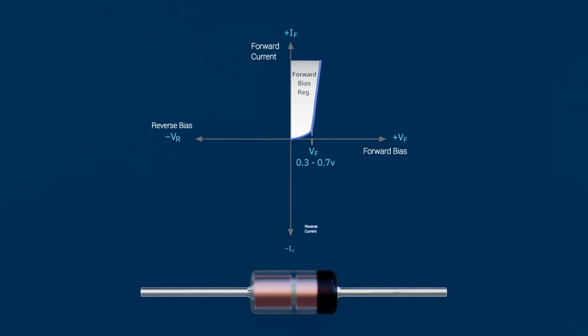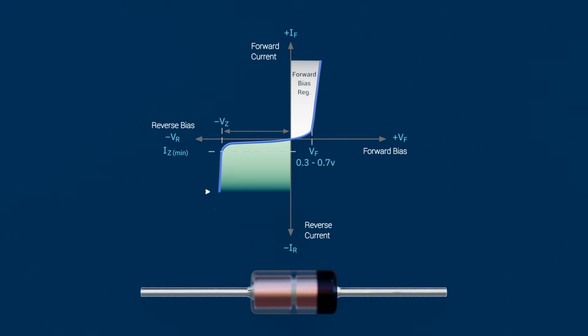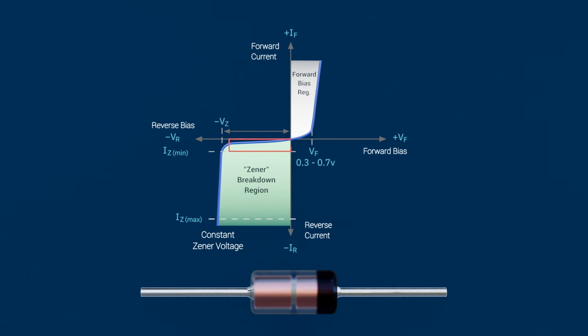In reverse bias, however, the behavior is very different. It stays almost flat until the breakdown region. At the breakdown knee, the reverse current increases sharply, while the voltage across the diode remains pretty much constant at the Zener voltage. This near horizontal region of the IV curve is what people are referring to when they say a Zener diode clamps the voltage. Essentially, the Zener diode is acting as a voltage stabilizer, holding the output voltage steady despite changes in current.